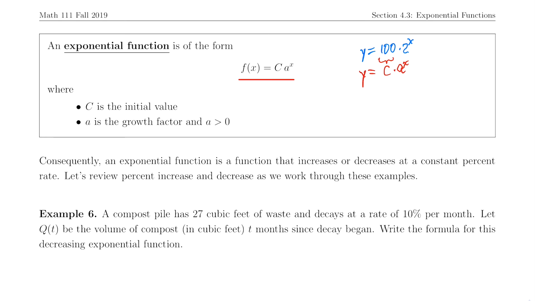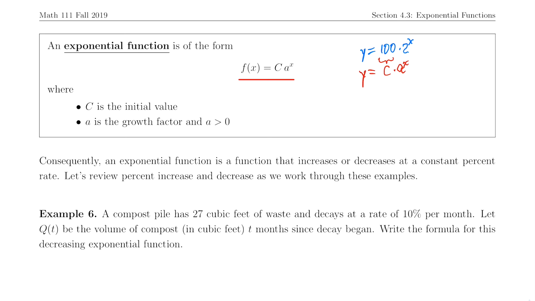Now the first example: we are looking at a compost pile of 27 cubic feet of waste that is decaying. So it's getting smaller as time goes on, at a rate of 10% per month. Let Q of t be the volume of the compost in cubic feet, t months since the decay began.